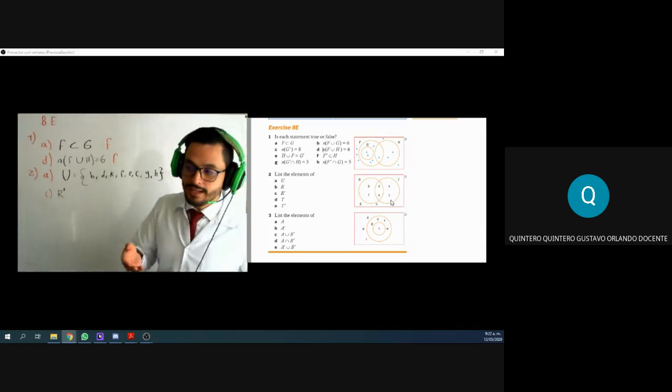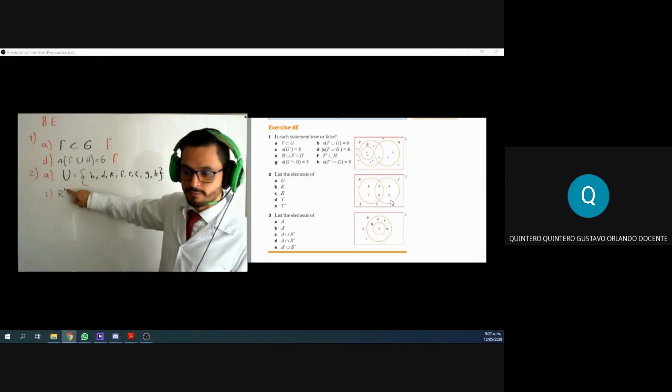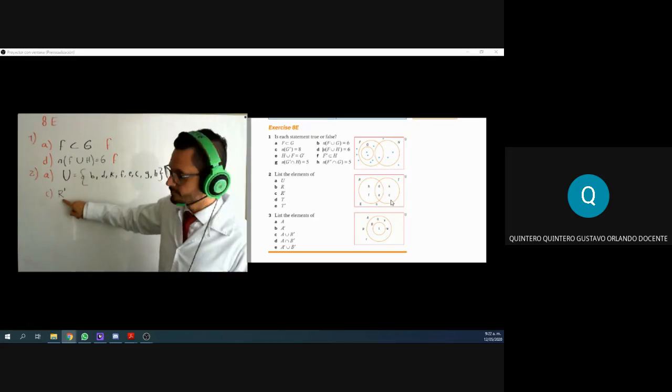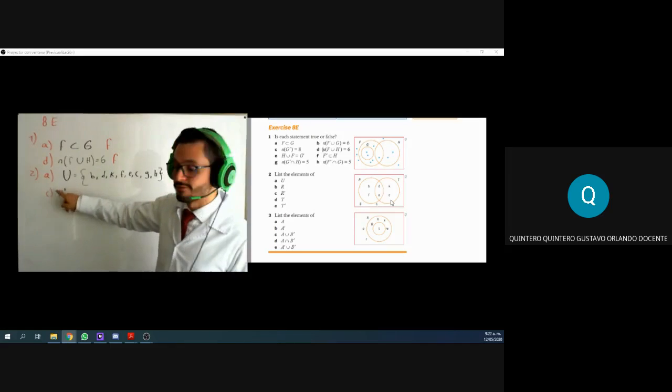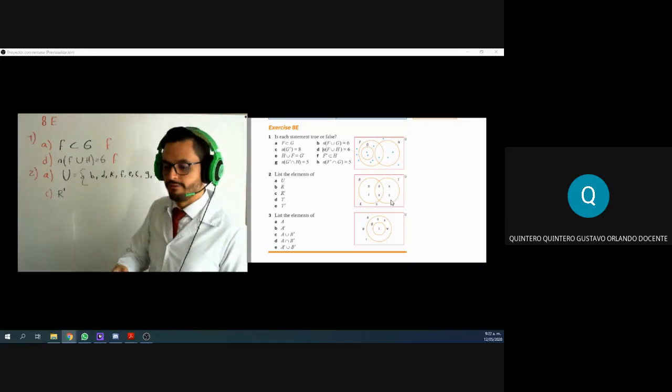Now, in calculus, we have seen this little thingy before, right? In calculus, this is the prime. Remember, it signifies the derivative of R. But that is for calculus, for functions and continuous functions.